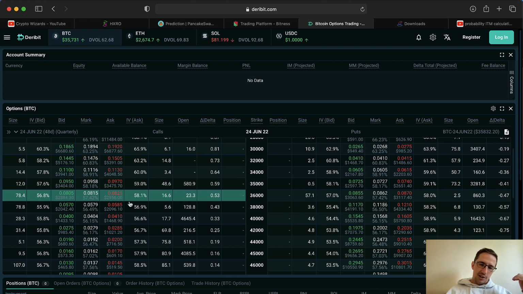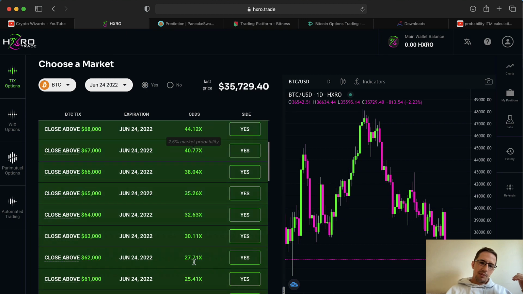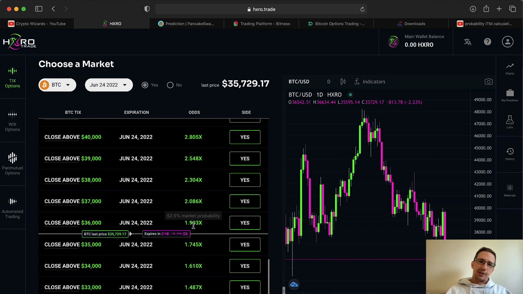So have a look at that spread first. And then have a look at what it is being priced at here in this market. Is there an arbitrage?